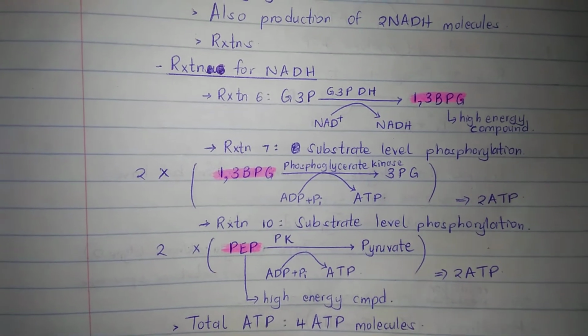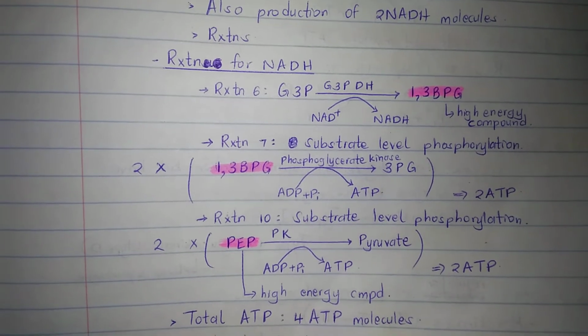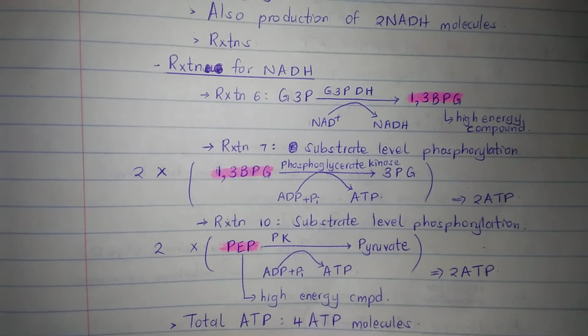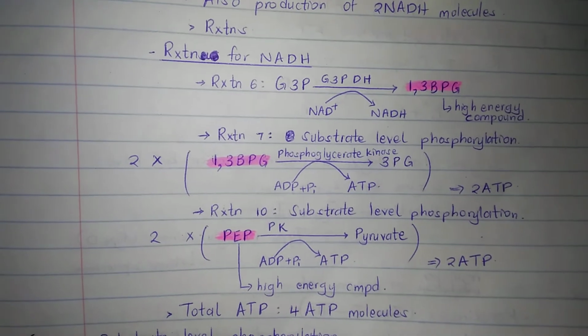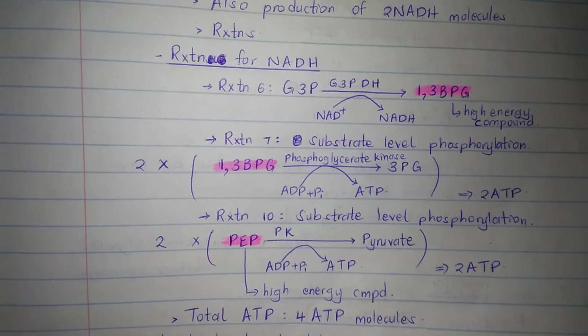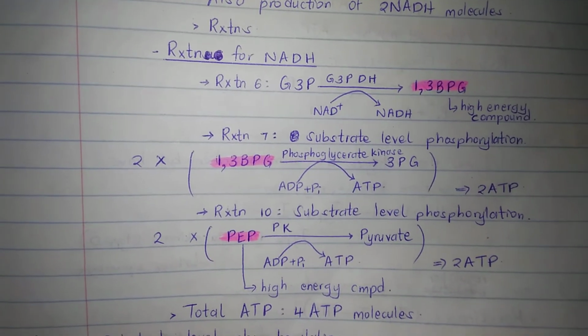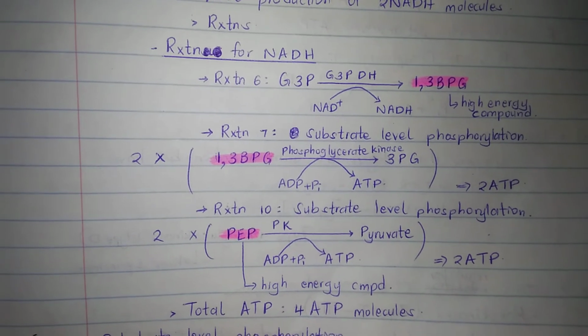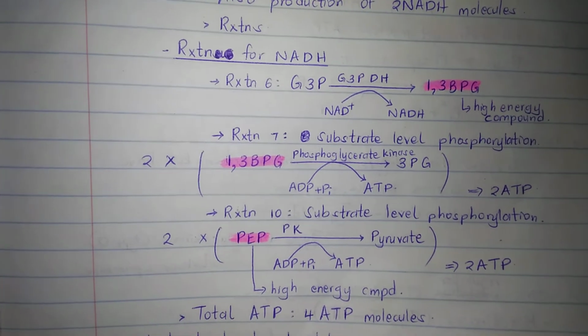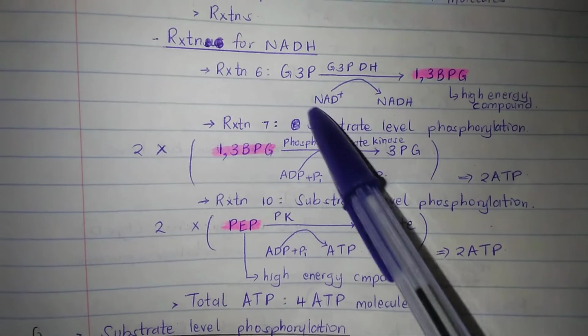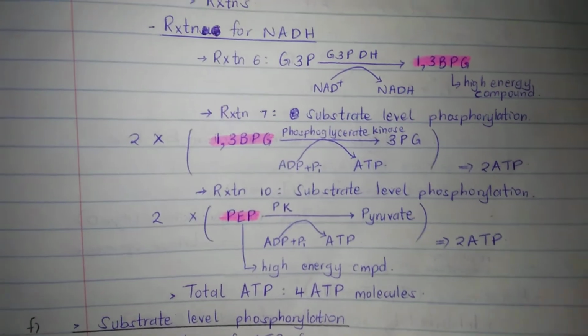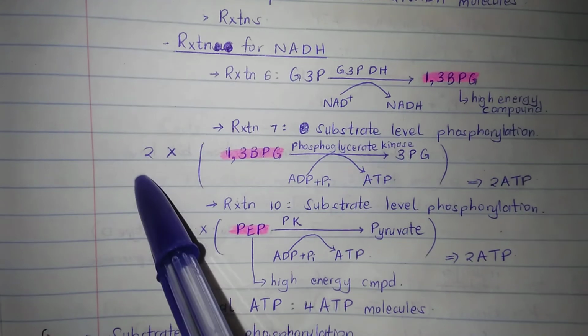But glyceraldehyde 3-phosphate is the one that is favored. So dihydroxyacetone phosphate is usually converted to glyceraldehyde 3-phosphate using the enzyme triose isomerase, and so we're going to be proceeding with glyceraldehyde 3-phosphate till the end, but we remember to multiply by 2.